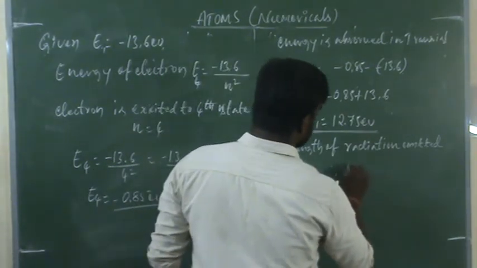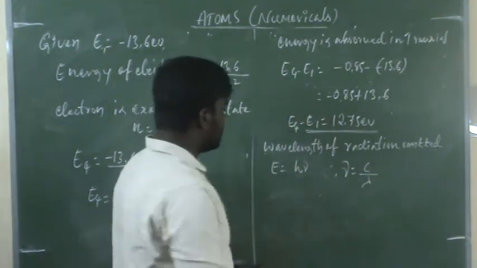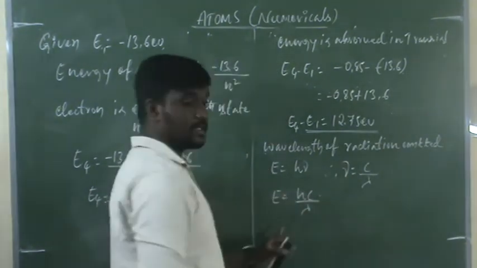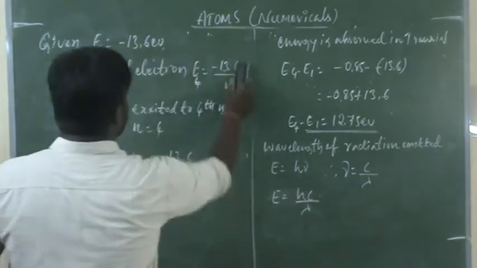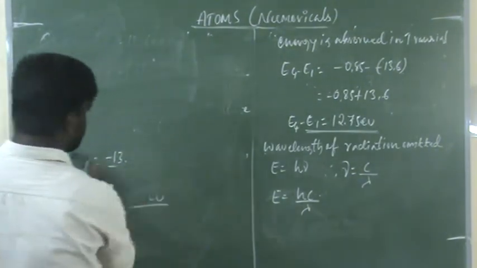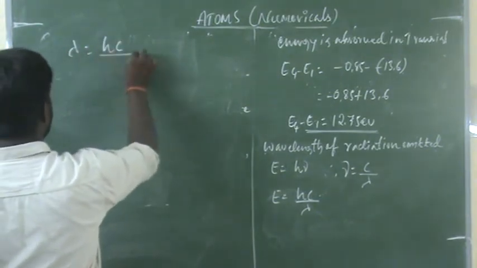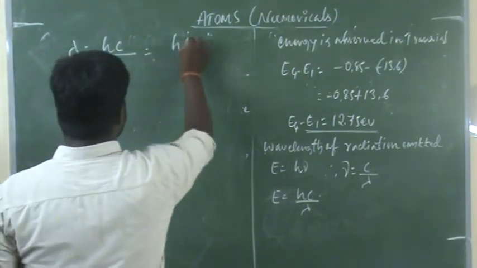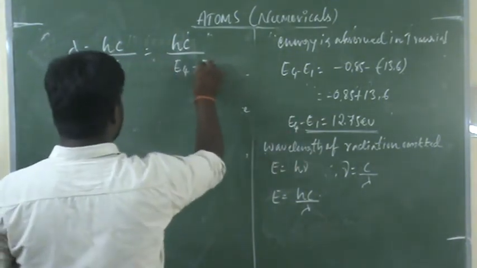Therefore nu is nothing but c by lambda. So energy is equal to hc by lambda, where lambda equals hc by E, that is hc by E4 minus E1.